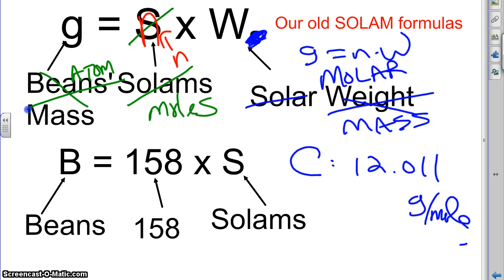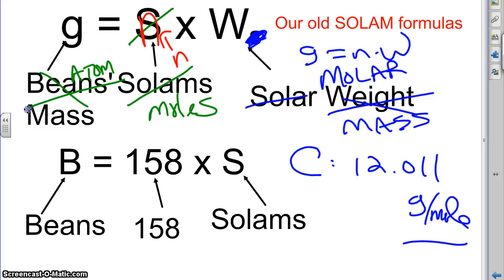That's on the chart. So look for 12.011 where that's placed on the periodic table you're using, and that is the same place that all of the elements will have their molar masses listed. So if you're ever looking for a molar mass, look right there on your periodic table. Just like the SOLAM mass was found on a chart, the molar mass will be found on a chart, but that chart is now the periodic table, not some bean chart that you made.